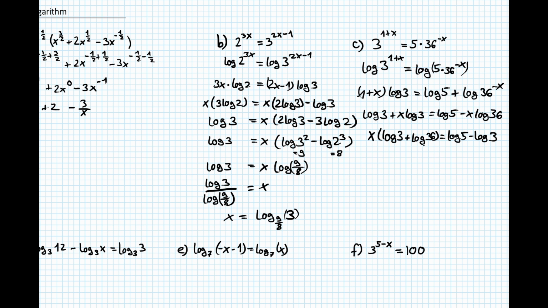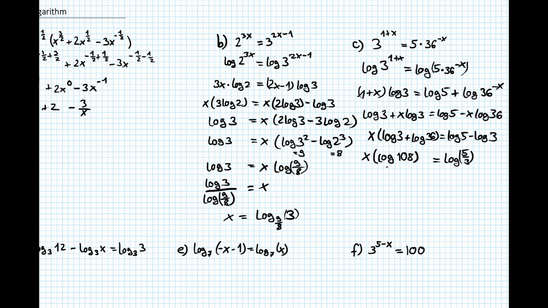Okay. If you have a plus, you can multiply these two together. So x log, and then 3 times 36 is 108, is equal to, and log 5 minus log 3 is log 5 over 3.